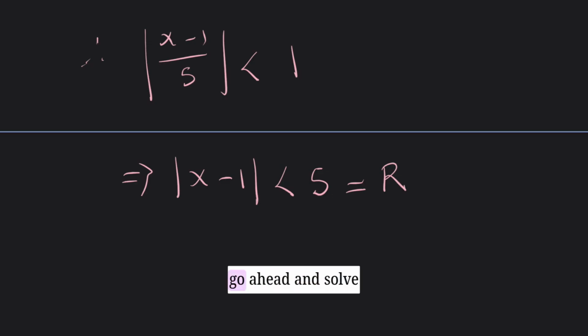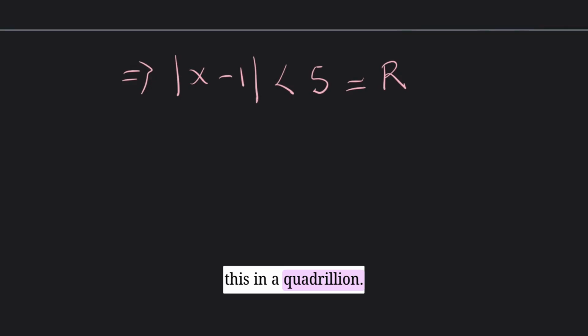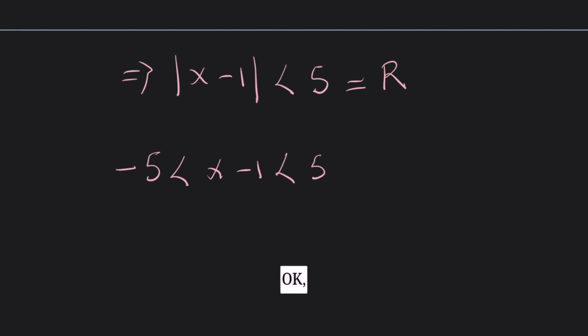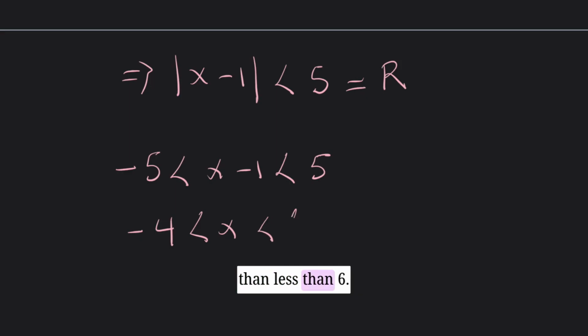Now let us go ahead and solve this inequality. We have negative 5 less than x minus 1 less than 5. If you add 1 throughout, you get negative 4 less than x less than 6.